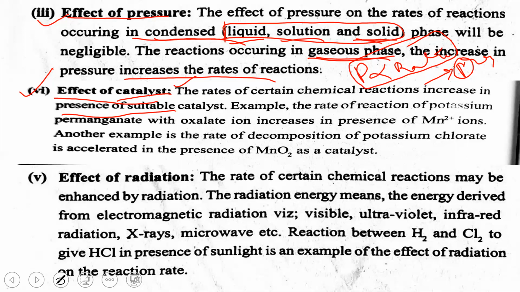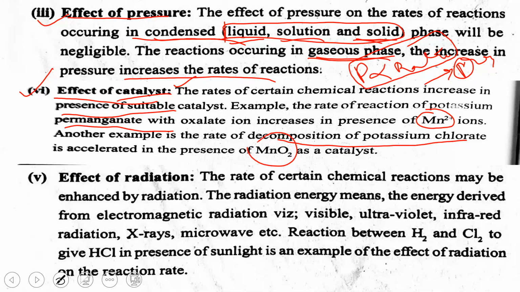For example, the reaction of potassium permanganate with the oxalate ion is increased when you add manganese ions. Another example: the decomposition of potassium chlorate is accelerated in the presence of manganese dioxide. If you add manganese dioxide, the decomposition of the potassium chlorate will increase.